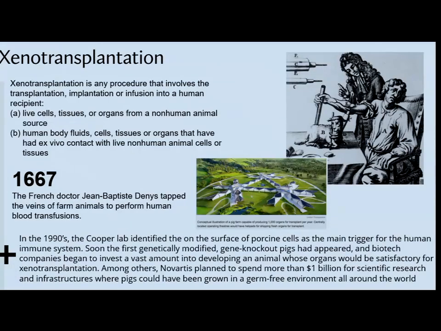So it's been a concept out there for a long while, until in the 1990s, this lab actually figured out that there's a specific sugar that activates the immune response, and if we could knock out the genes that are responsible for secreting that sugar, we could actually down-regulate the response of the immune system.